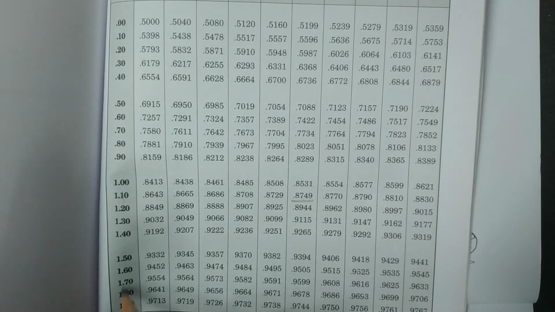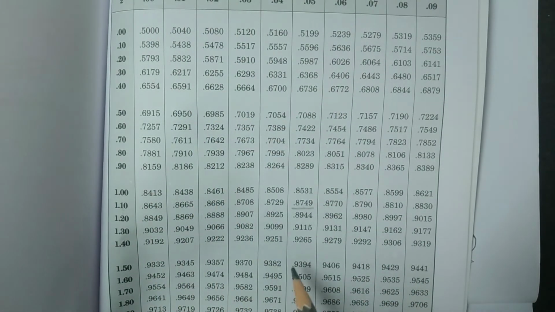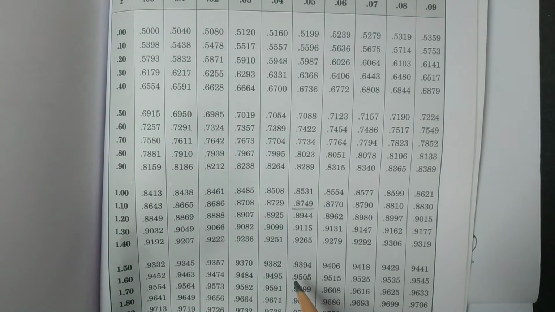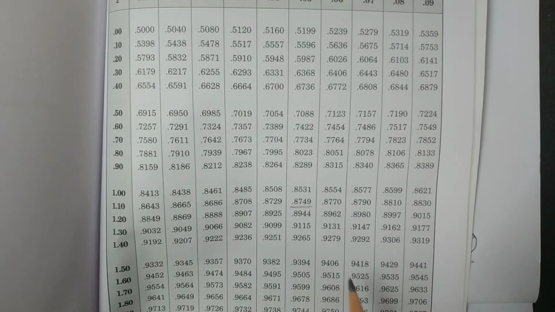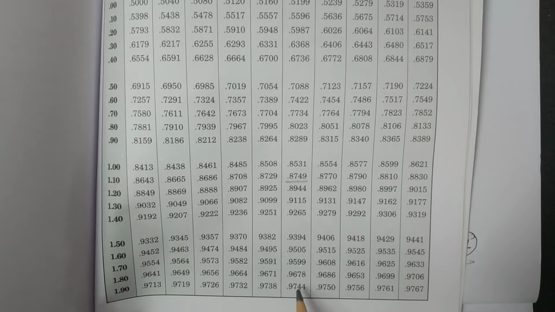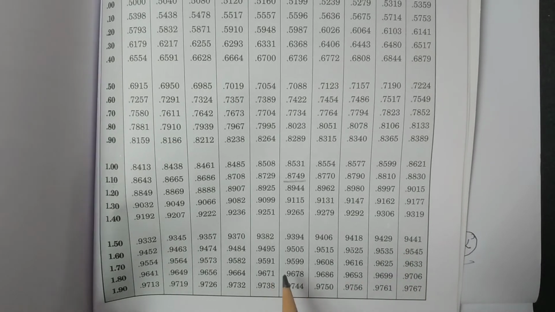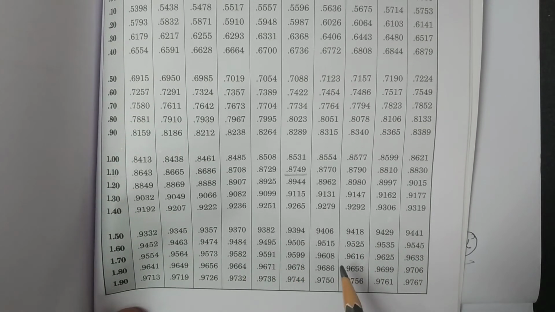You have to calculate the Z value corresponding to the probability. The probability is 0.975, so look for 0.975. Observe the probability here, 0.975.